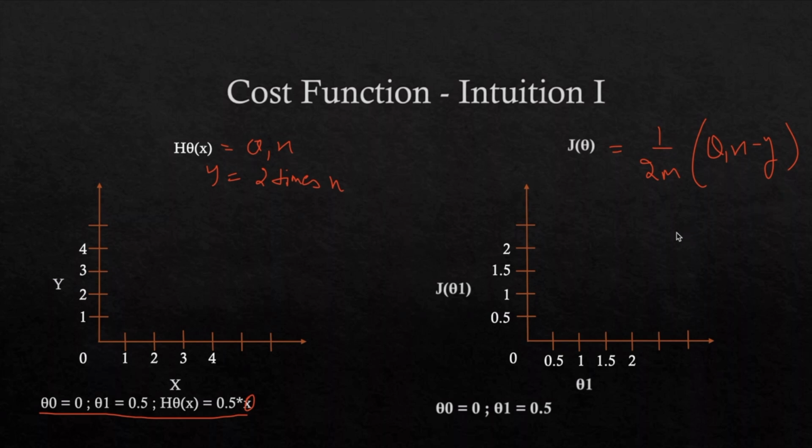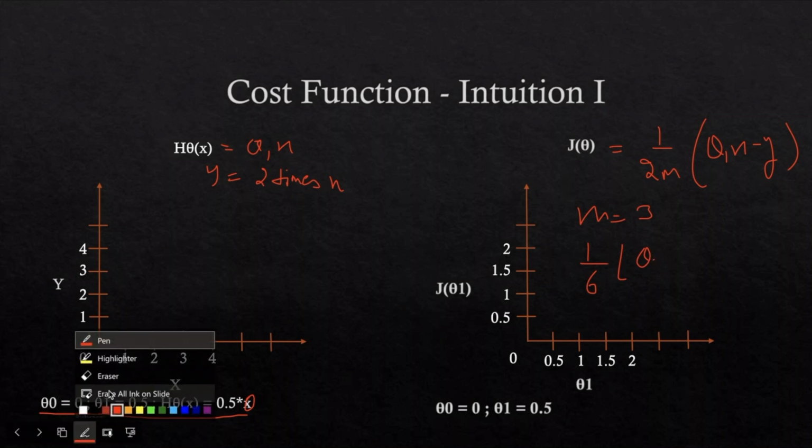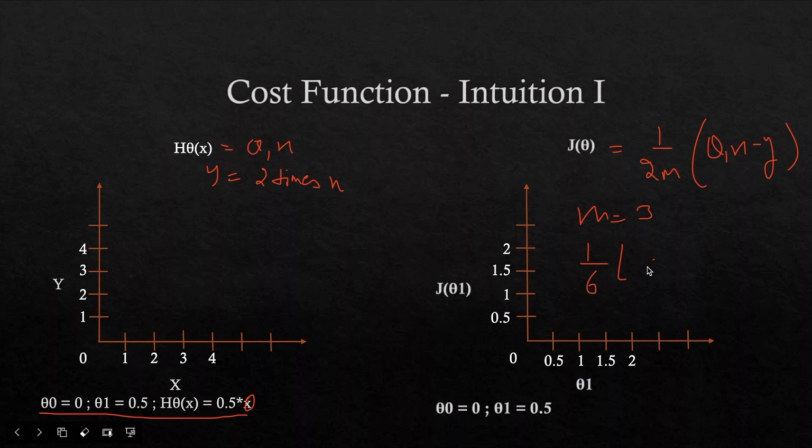Let's take m equals 3. So first, 1 over 6, then theta 1 is equal to 0.5.